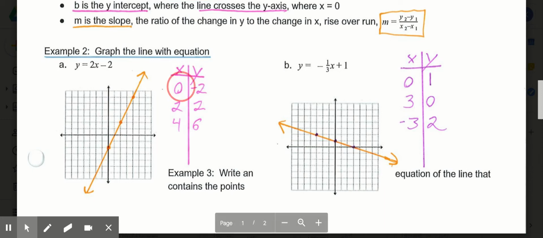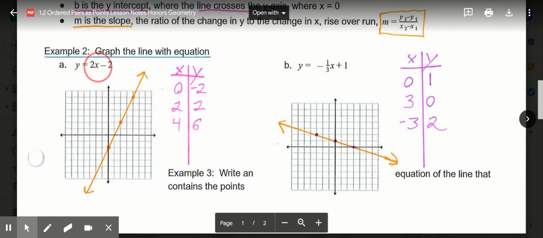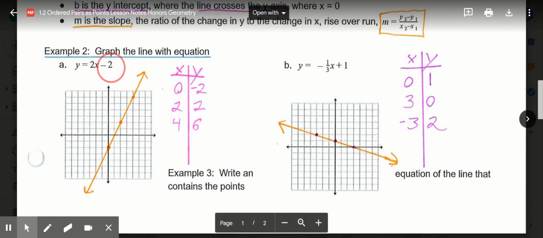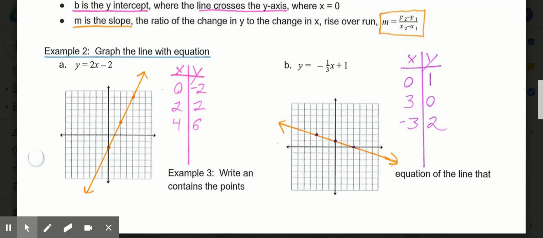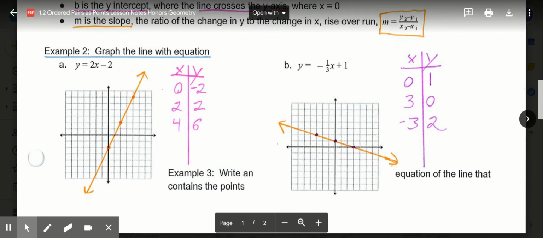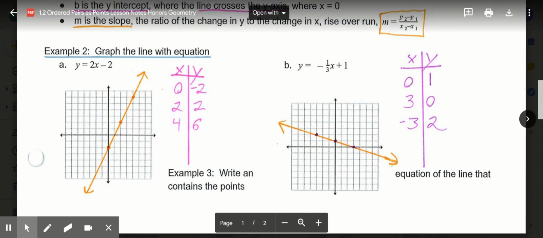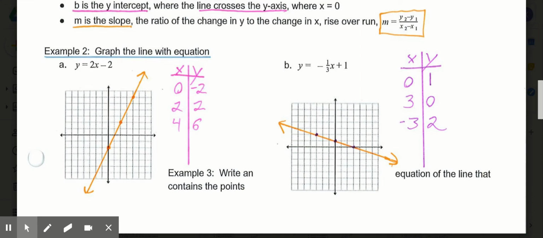For example, if I plugged in a 0 for x into this equation, y equals 2x minus 2, 0 times 2 is 0, minus 2 would give me the y value of -2. If I plug a 2 in, 2 times 2 is 4, 4 minus 2 is 2. And then put a 4 in, 4 times 2 is 8, minus 2 is 6.